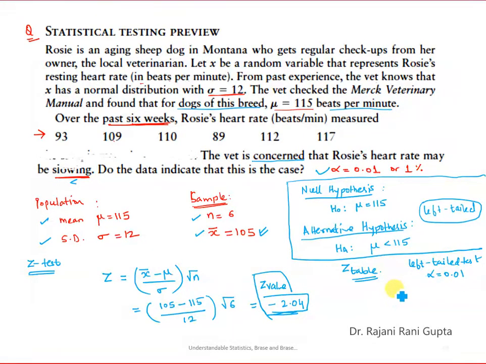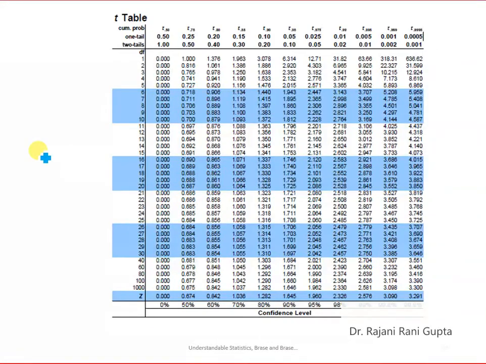When we look at the z table, it is this last column, last row: one tail test, alpha is 0.01. We look into this section and here it comes out to be 2.326.